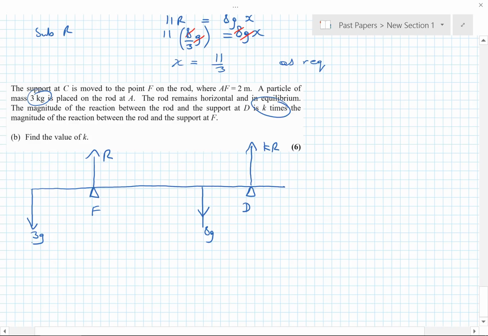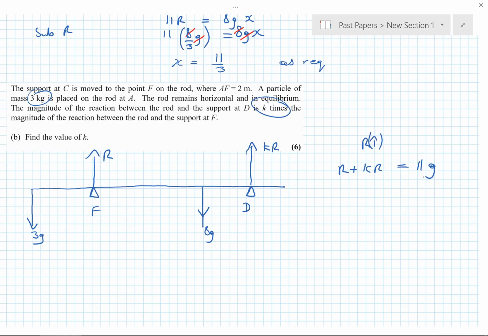Now it would be sensible, again in this case, not always the case, but so often, to resolve vertically. So we've got R plus KR equals 11g. Okay, we're going to use that later, but that's going to be a useful equation for us.